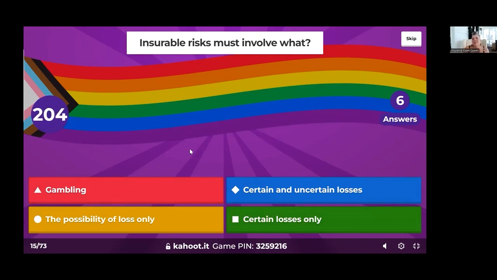Remember, there are two types of risks. You never know if your house is going to actually burn down. You never know if your car is going to burn down, but the only thing that you can insure is if they do. So it's the possibility of loss only.